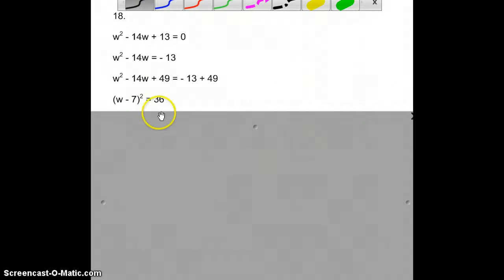Okay? And then we got this. Okay? The quantity of w minus 7 squared equals 36. All right, let's take the square root of both sides. Again, taking the square root of something squared will unlock the exponent there.